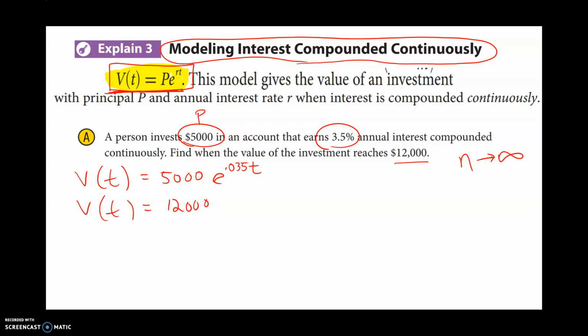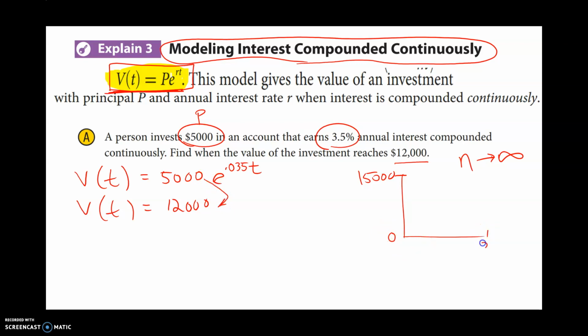We're graphing a bunch of equations here, aren't we? So e to the 0.035x in this case. Now again, let's look at 0 on the y, it needs to grow to 12,000. So why don't we give it a max of 15,000? I'm not sure how long it'll take, but we're more than doubling.